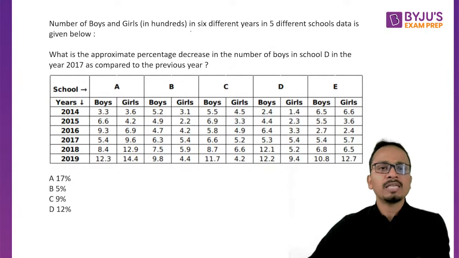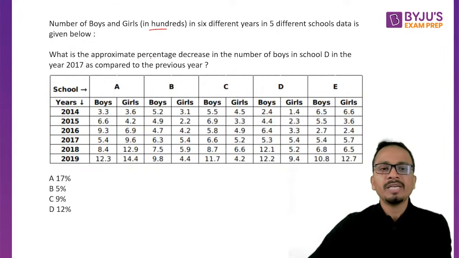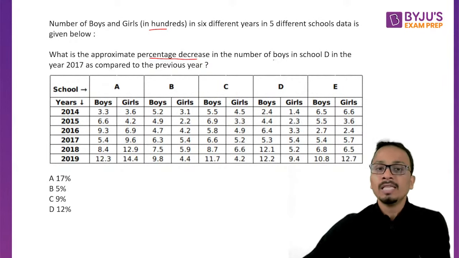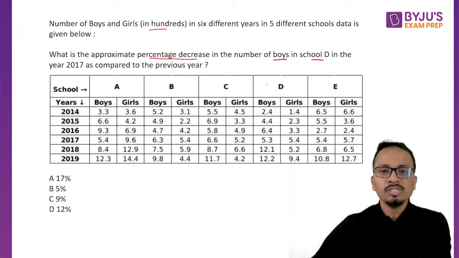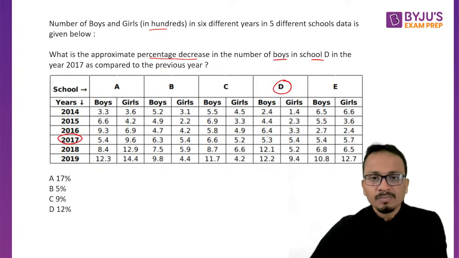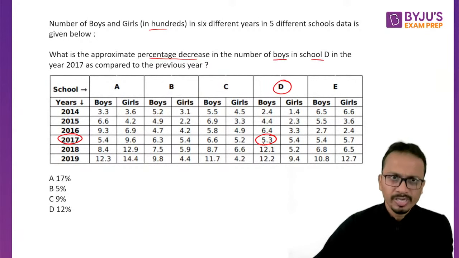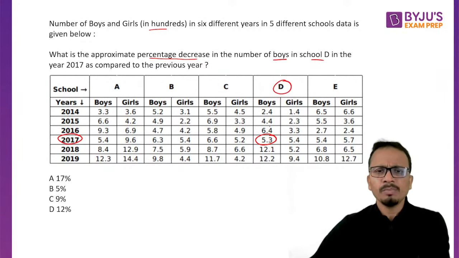Now, the number of boys and girls in hundreds in 6 different years in 5 different schools, data is given. What is the approximate percentage decrease? Again, here we have to find the percentage decrease in the number of boys in school D. So basically, they're talking about school D in the year 2017. The number of boys in 2017 is 5.3 hundreds as compared to the previous year.